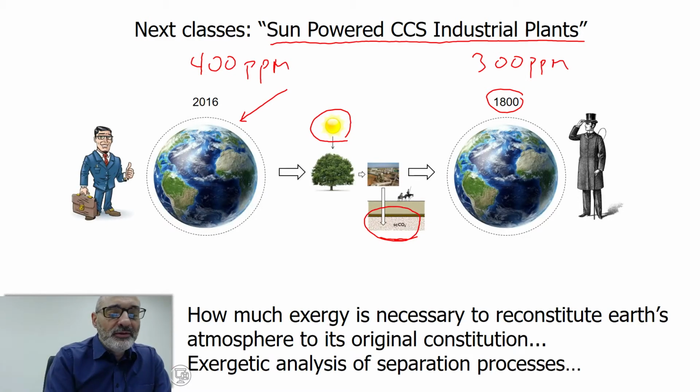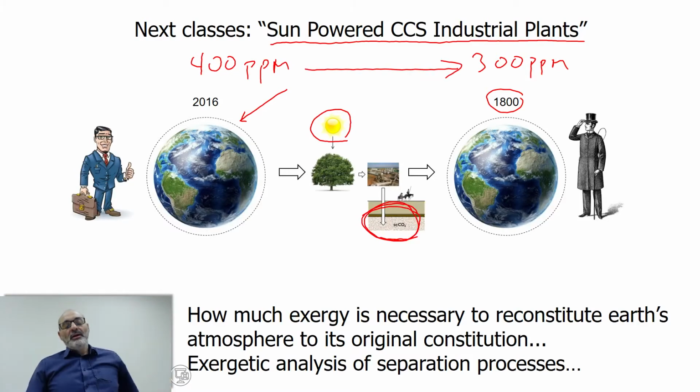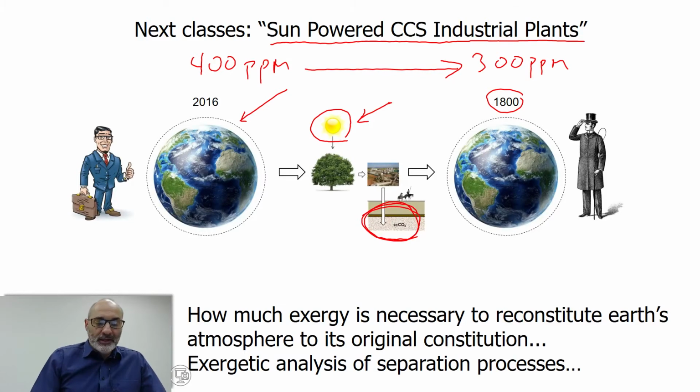If I want to remove CO2 from the atmosphere in order to obtain the concentration before the Industrial Revolution, how much energy do I have to spend? Is it feasible or is it impossible? We're going to do this calculation by applying these concepts.